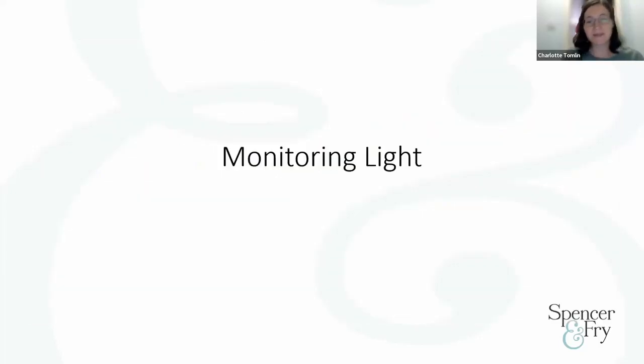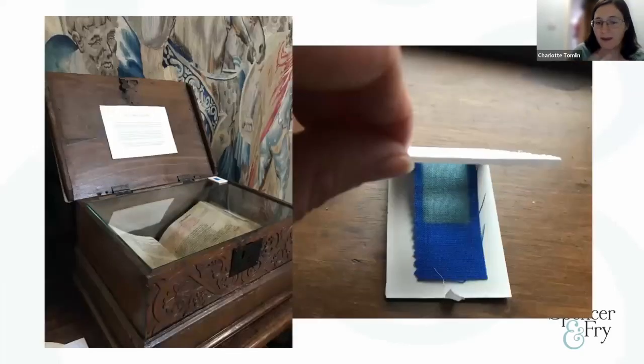So monitoring light is very similar to monitoring RH and temperature. Again, there's the more generalized snapshot here. We've got blue wool standards. Blue wool standards are bits of wool dyed blue, and the dye fades at a known rate.